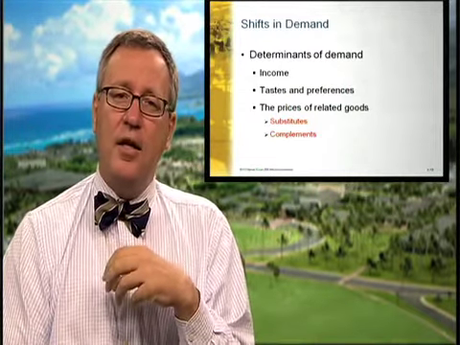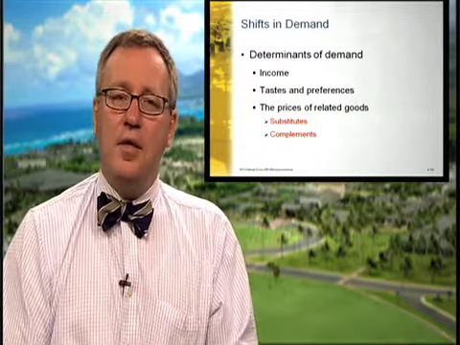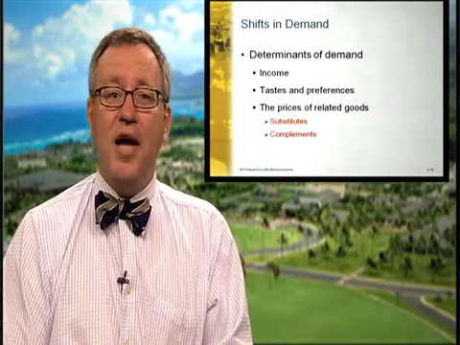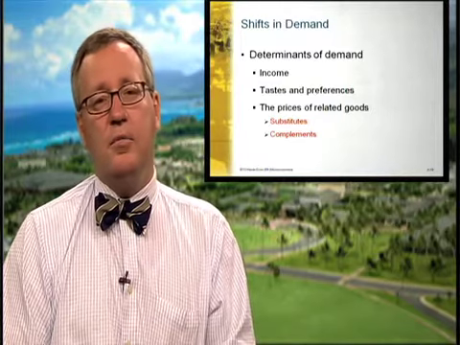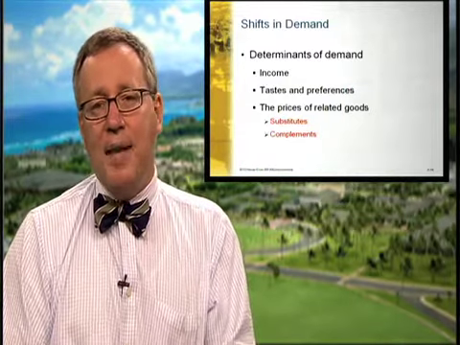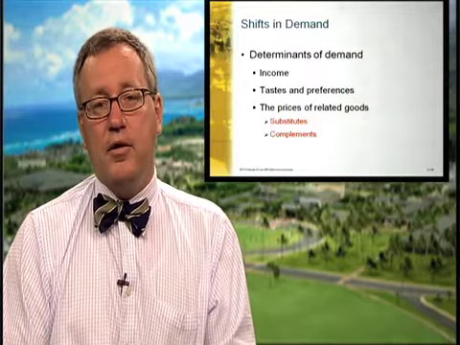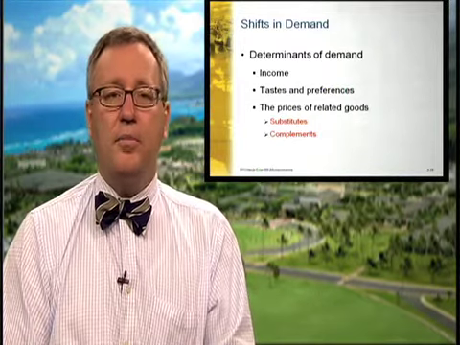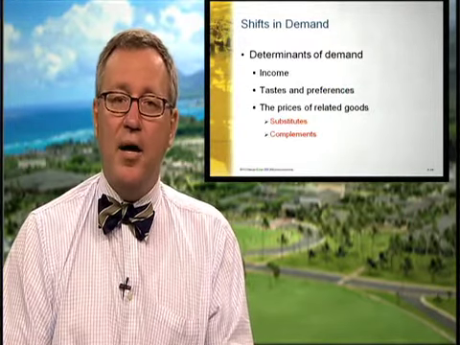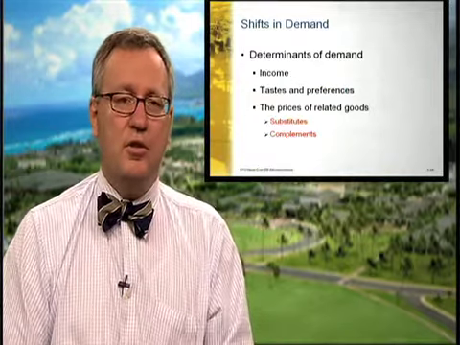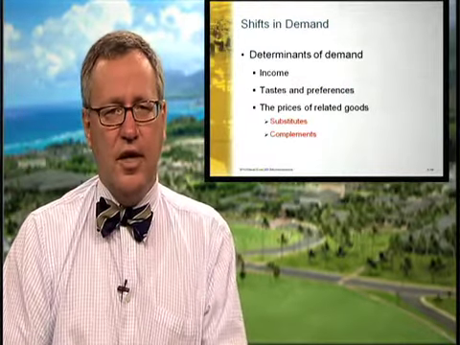Complements, on the other hand, you typically buy together. So if you buy butter for your toast, you're going to probably buy jam for your toast. If you buy an amplifier, you're going to buy speakers. If you buy a computer, you're possibly going to buy a printer. So those are complements. And we'll talk about those here in just a second in more detail.